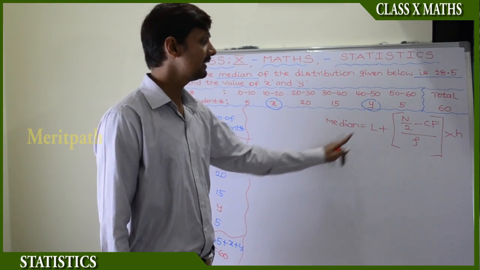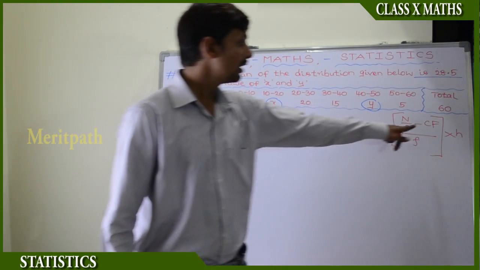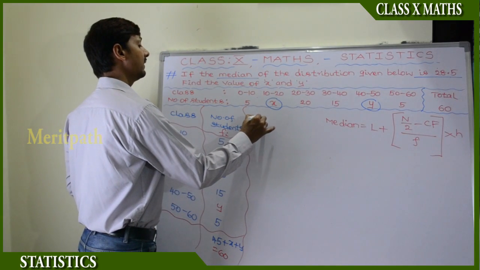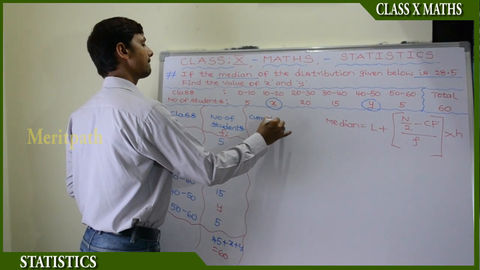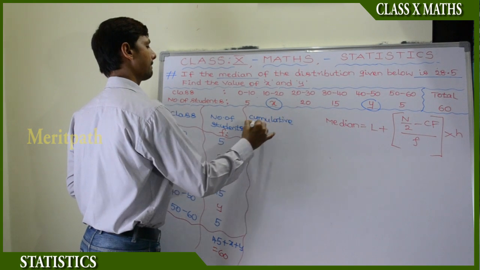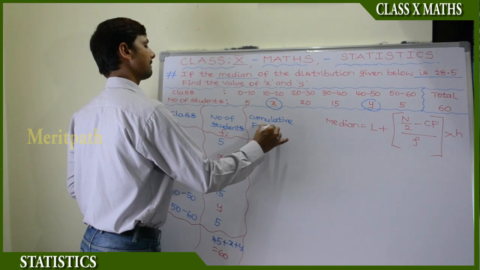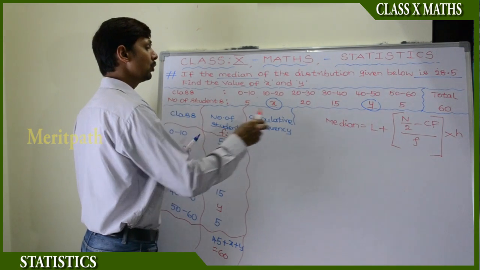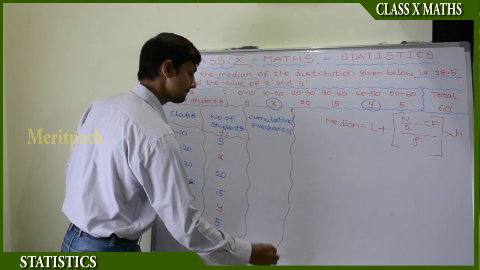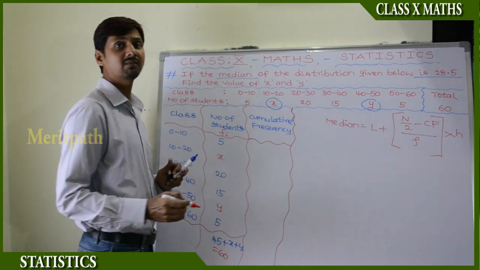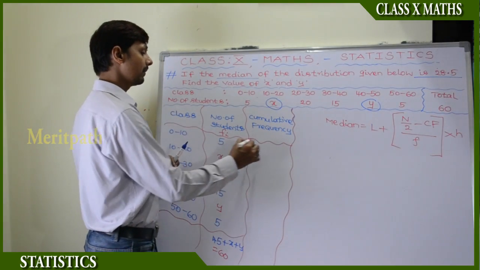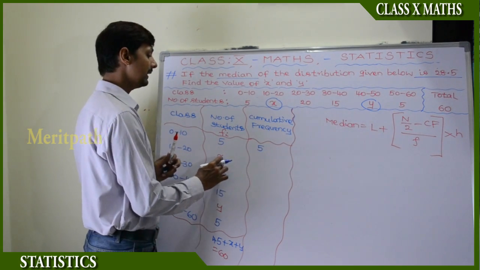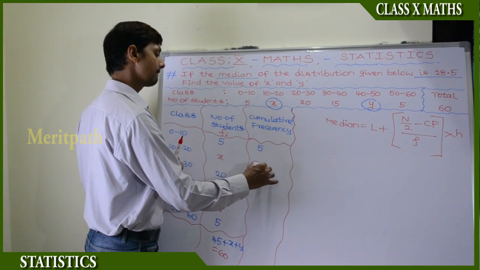For that we need to find the cumulative frequency. The cumulative frequencies are: let's take the first frequency as 5, and the next is 5 plus x.